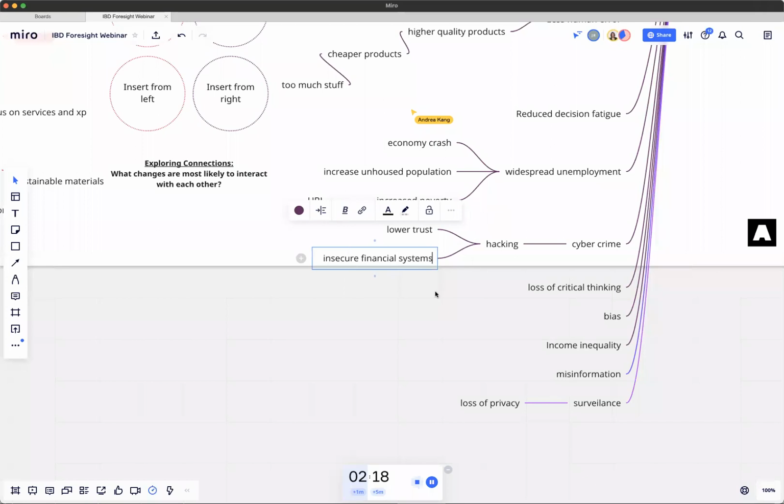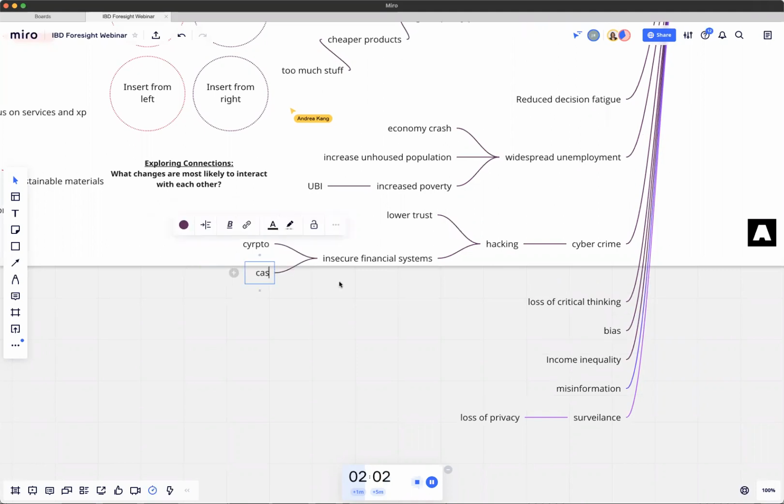I think insecure financial systems, do you think that leads to something like Bitcoin or crypto? Or stonks. I don't know. I just really wanted an opportunity to say the word stonks. NFTs. Yes, that is also the new thing on the buzzwords for financial systems. NFTs and stonks.